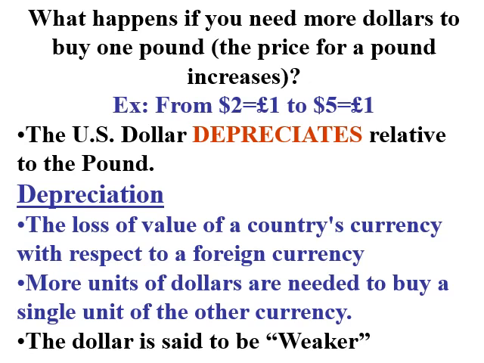So when the dollar depreciates, we need more dollars to buy a single currency from that other country. In this case, we went from only needing $2 to purchase 1 British pound to now needing $5 to exchange for 1 British pound.